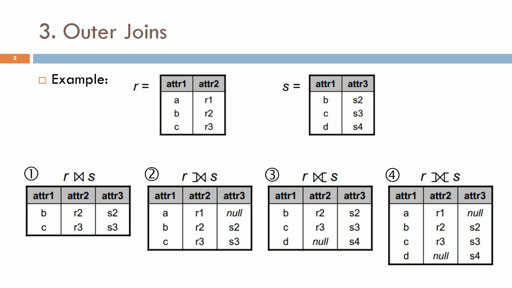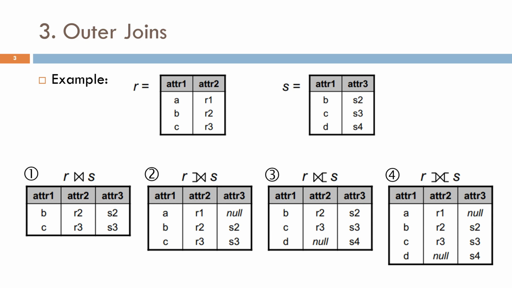The first tuple A, R1, doesn't match any tuple from S, so there is a missing value for attribute 3, and it is represented by null value. For the second and third tuples, they include the matched tuple from the relation S as presented in the result.